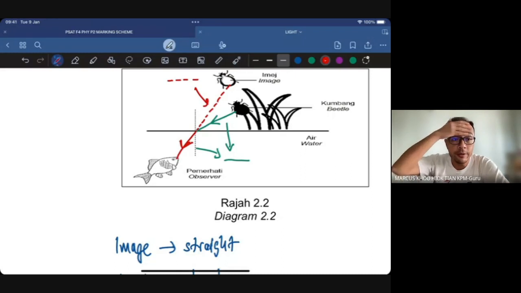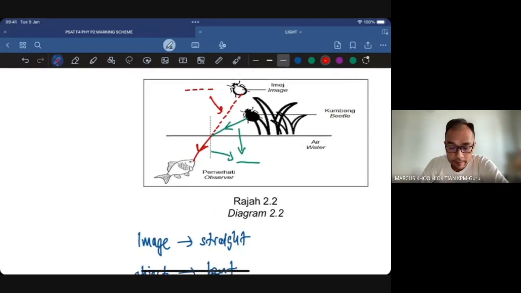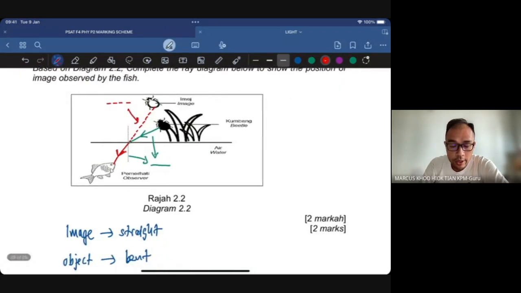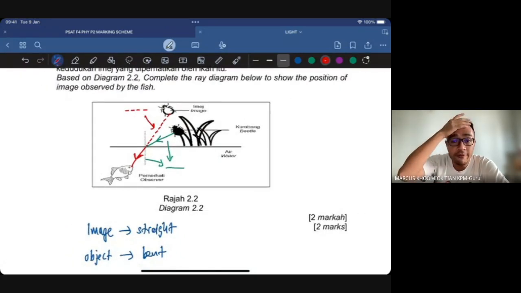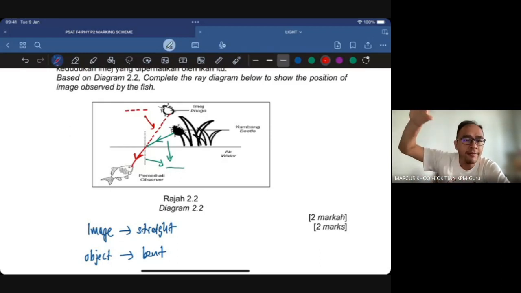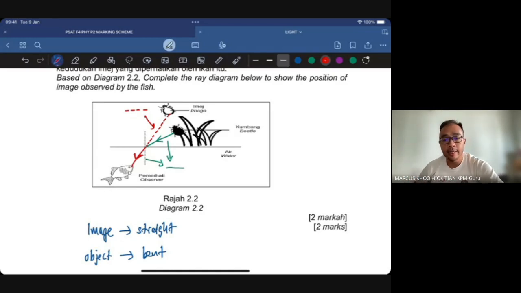Be very careful because the image is a virtual image. And that's how you would draw the position of the image observed by the fish. Remember, observer to image is a straight line, except that the second half is dotted. From the observer to the object is a bent line, but it is entirely solid.